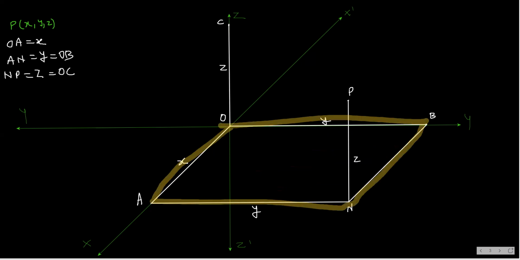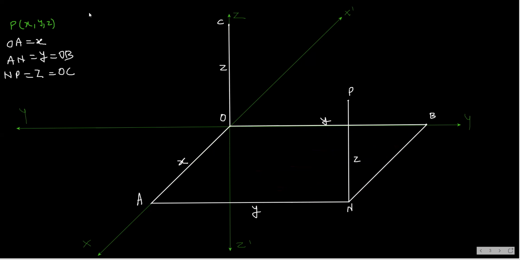Now, with the help of this parallelogram, I will make a cuboid. See here, NP, this is NP. This is the height of the cuboid. So I will take it here, and the same NP, I will take it here.